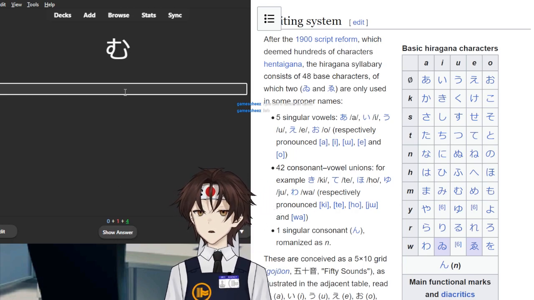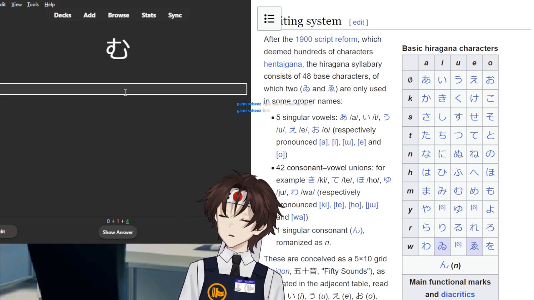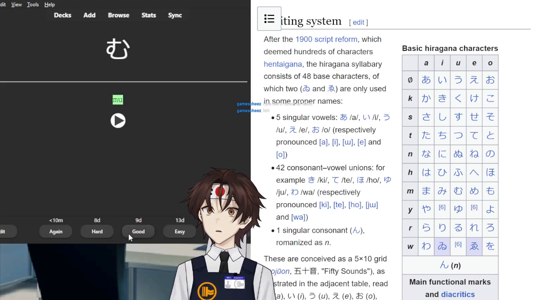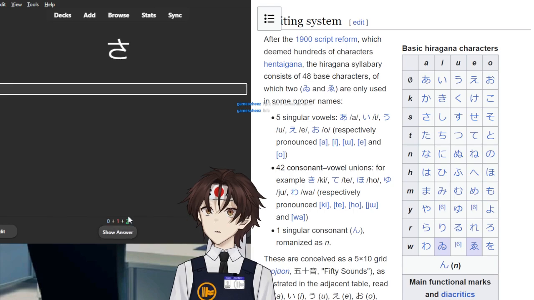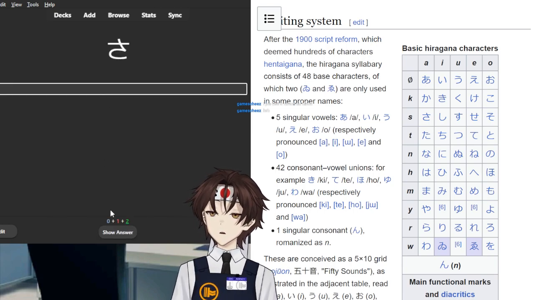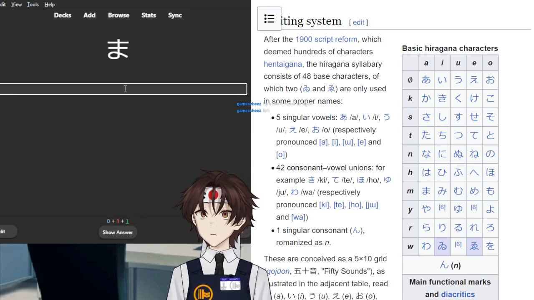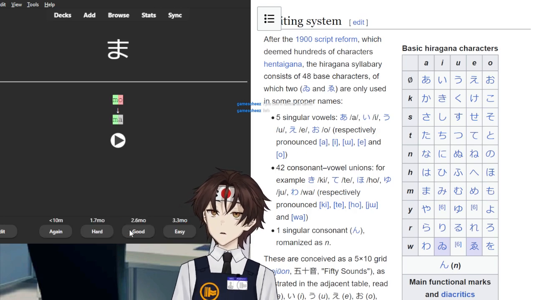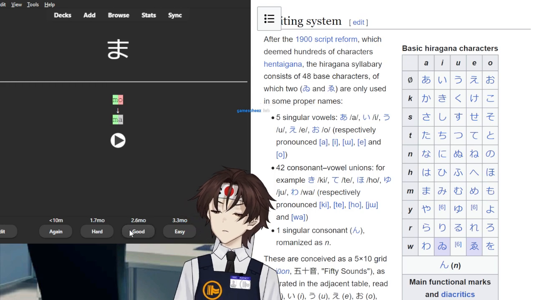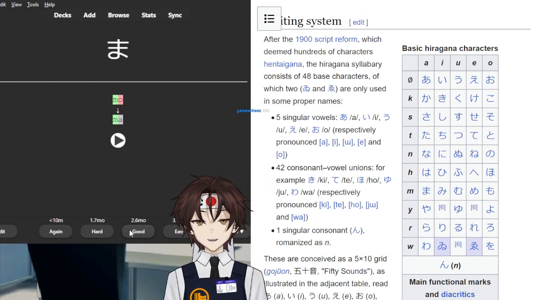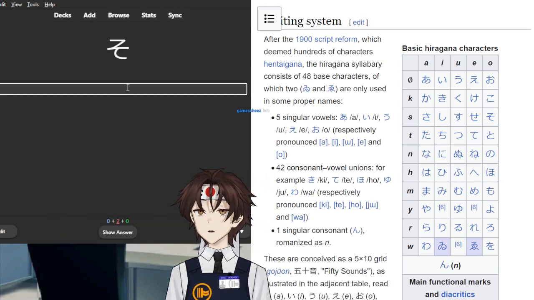So that's what's happening, right? This is mu. This is tsu. This is sa. This is mo. Ma. Oh yeah, forgot about that.